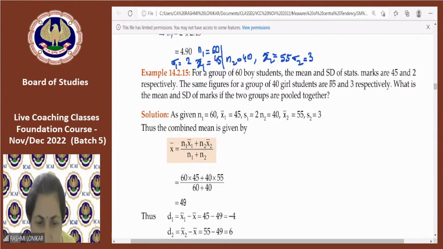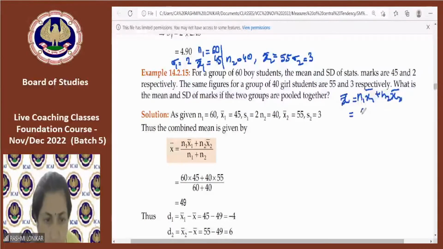Okay. So now what I first need to find is X bar. The combined mean is equal to (N1 X1 bar plus N2 X2 bar) upon (N1 plus N2). So which is equal to 60 into 45, plus 40 into 55, upon 60 plus 40.